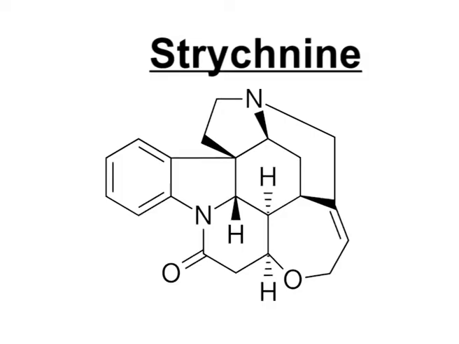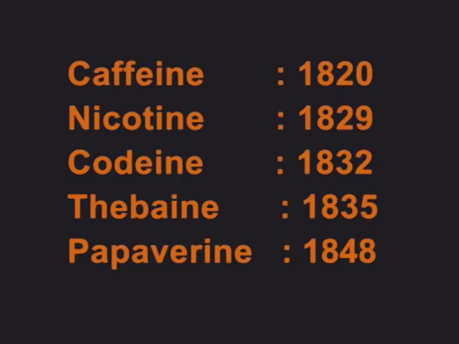The hunt was on for other alkaloids such as strychnine, discovered in 1817, caffeine in 1820, nicotine in 1829, codeine in 1832, thebaine in 1835 and papaverine in 1848.